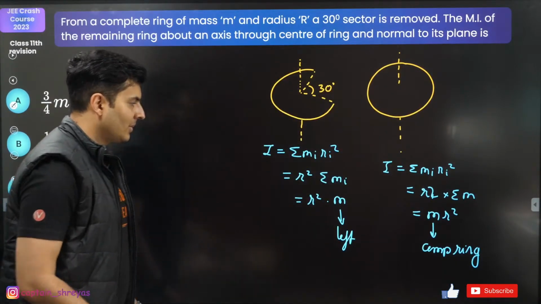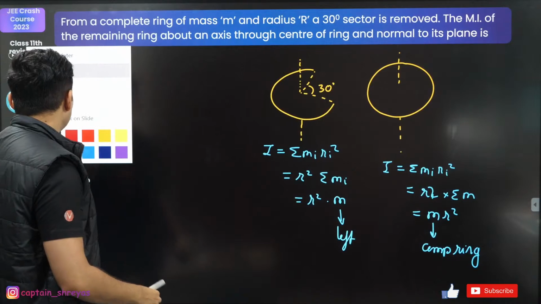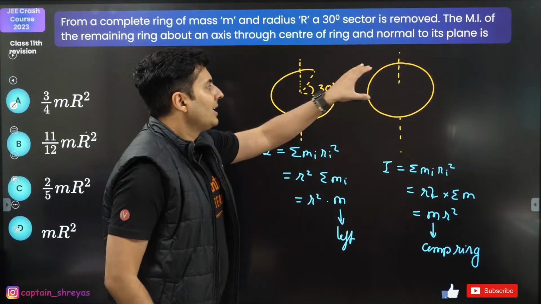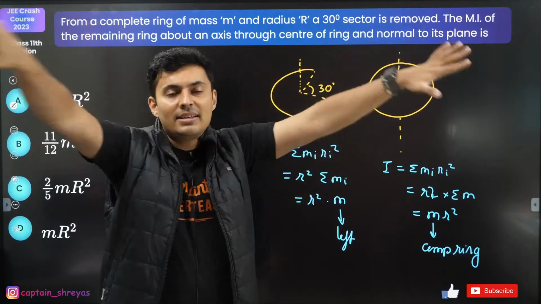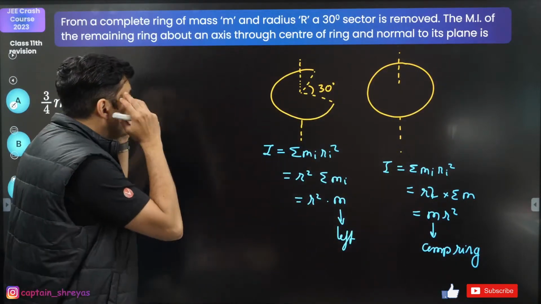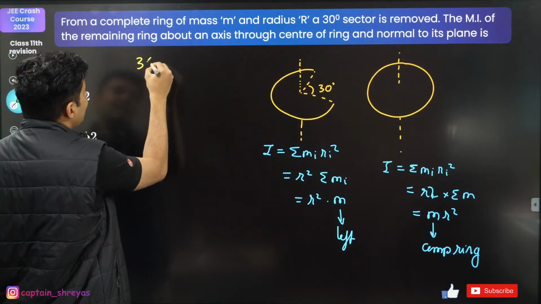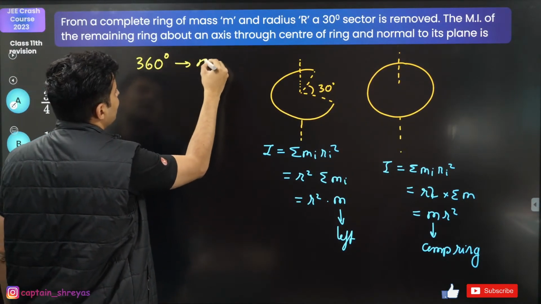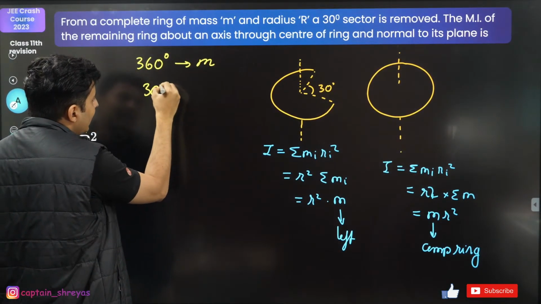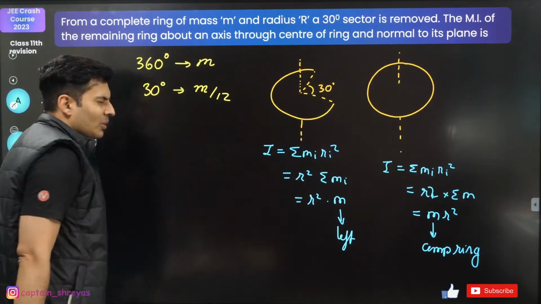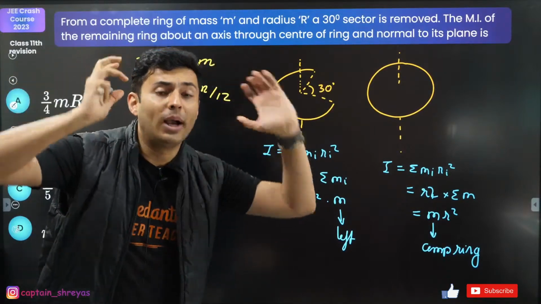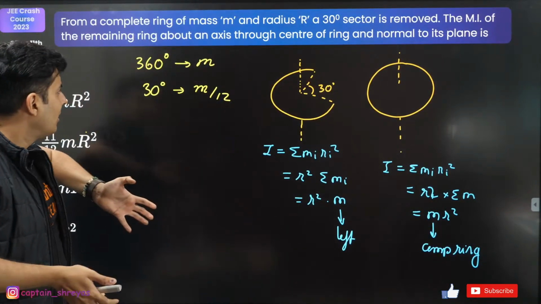whatever is there over here. So now think logically. This entire circle subtends angle 360. So for 360 degrees, the mass is m. For 30 degrees, the mass will be m by 12, na? Because 30 degrees is 1/12 of 360.